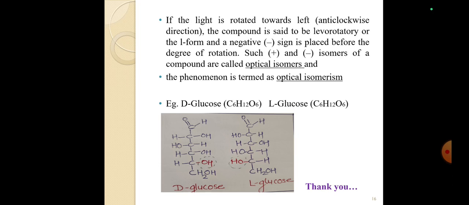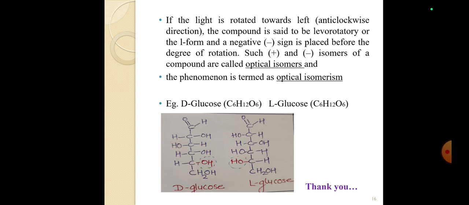We have seen many energy boosting drinks. In that, D-glucose is used for instant energy. Have you heard about Glucon-D? It is the dextro isomer of glucose, but Glucon-L is not there. There are some compounds whose properties change just with the rotation of light.